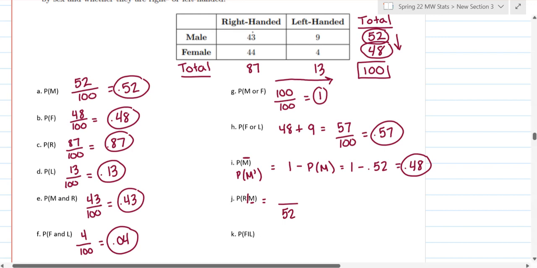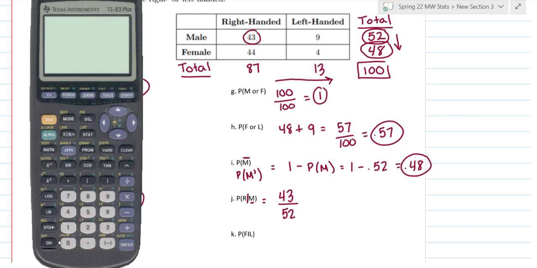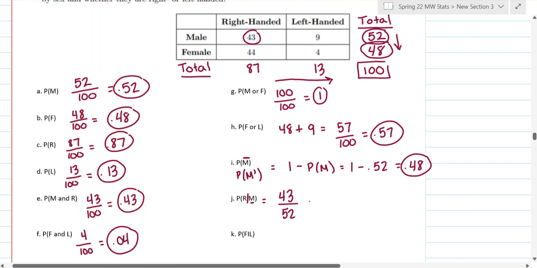I'm only looking at this first column, so there's 43 right-handed males out of a total of 52 males. So that's 43 divided by 52, 0.827.